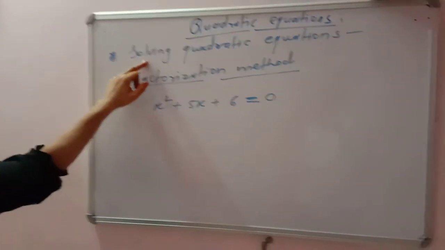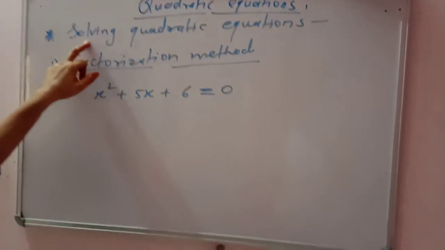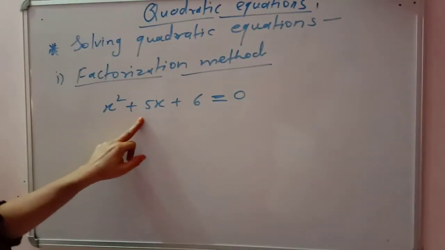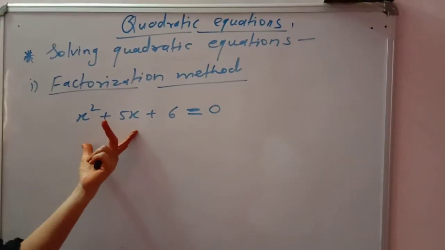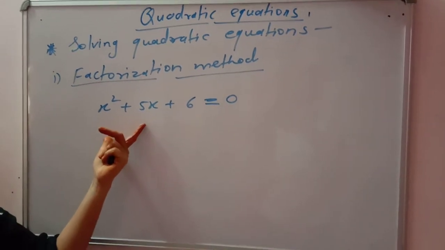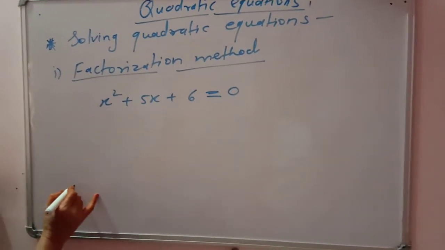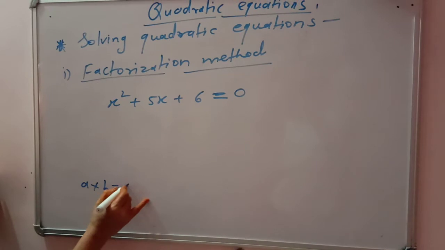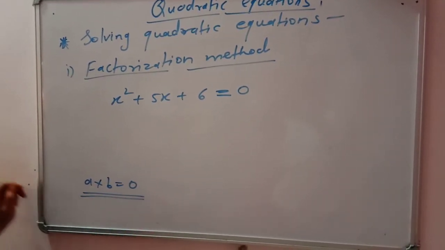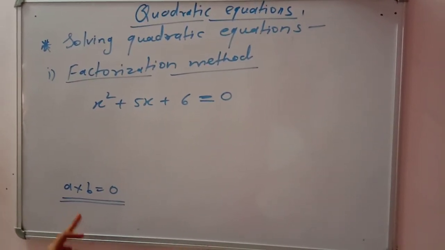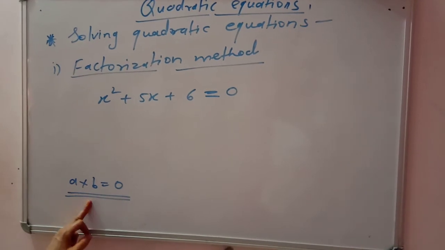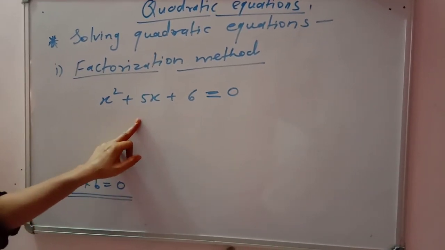Why do we have to factorize it? Because we have to solve the given equation, and to solve this equation we write it as the product of its factors. You know that when the product of two numbers is 0, then one of them is definitely 0, and this we will use after factorization.